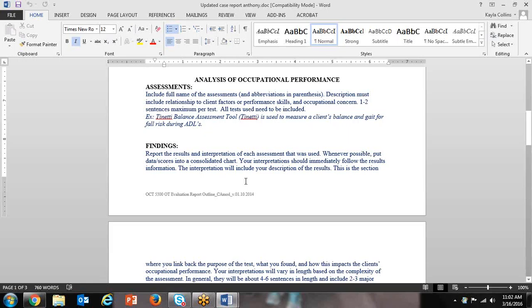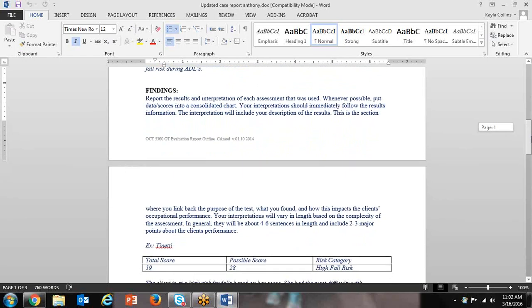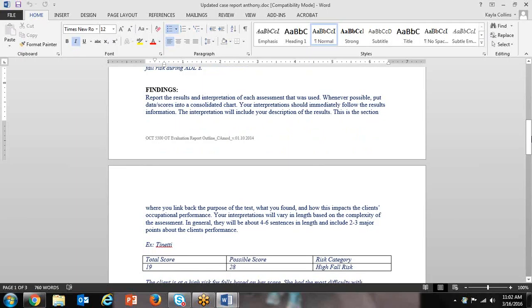You're going to list each test that you complete, and then in the findings section, you should report the results and interpret each of the assessments. So you should have the SFA, and then you should have a chart with the SFA results in it, and right below that, a little paragraph describing the interpretation of those results.